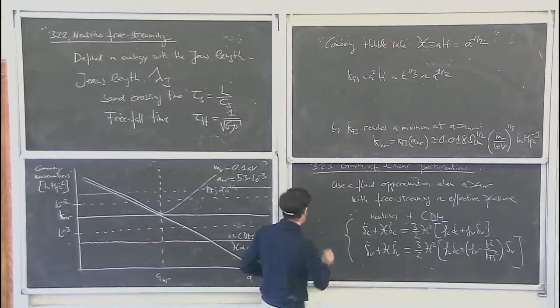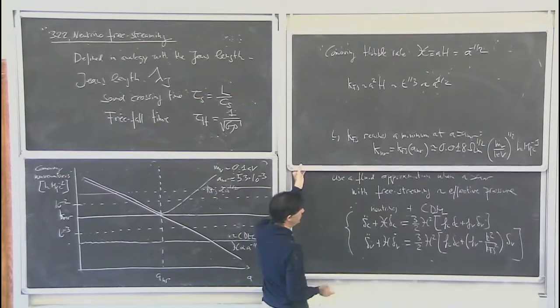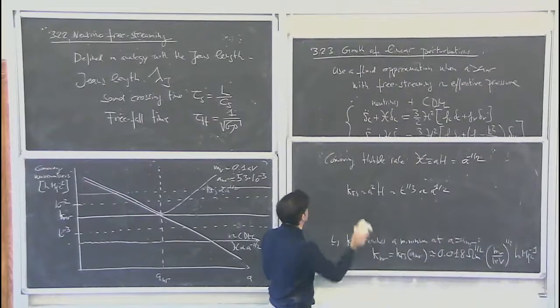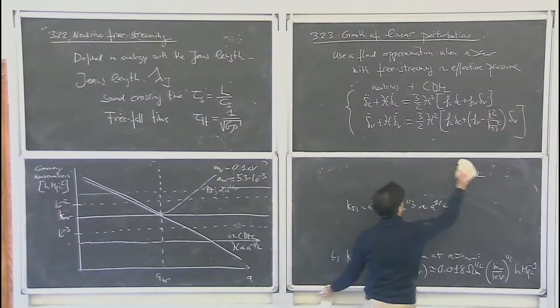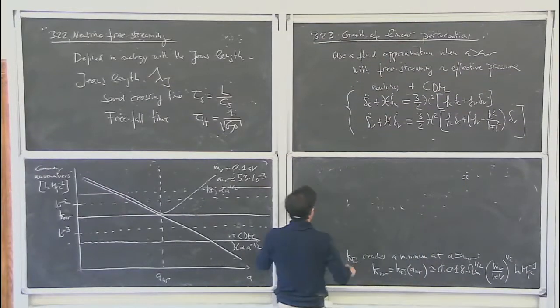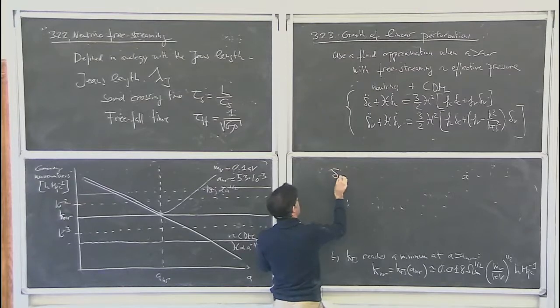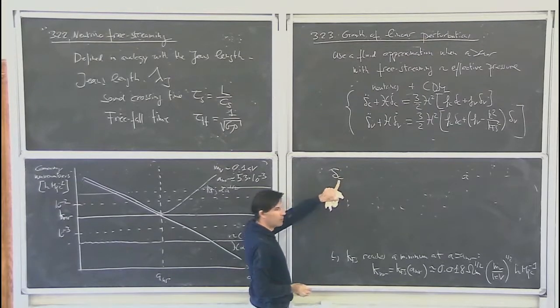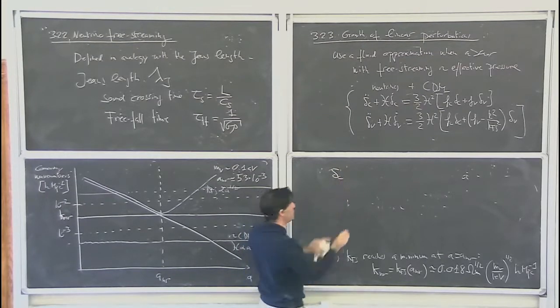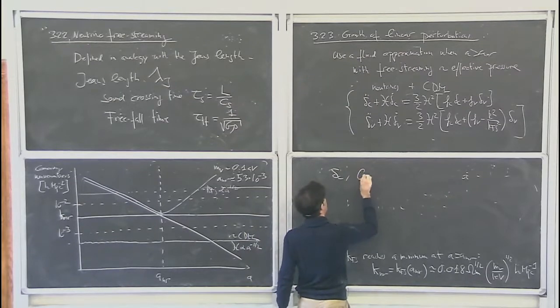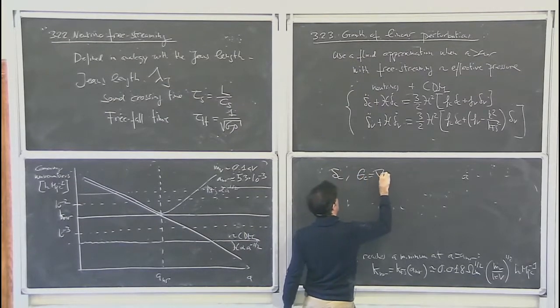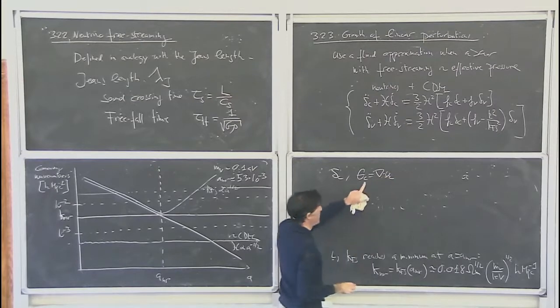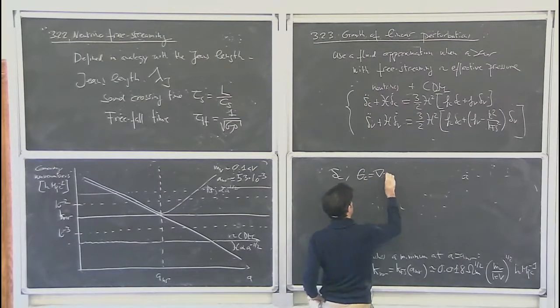So what did I do? I started from the following. I have the cold dark matter density perturbation, and in principle I also have, for instance, the divergence of the cold dark matter peculiar velocity. Let's call it VC.